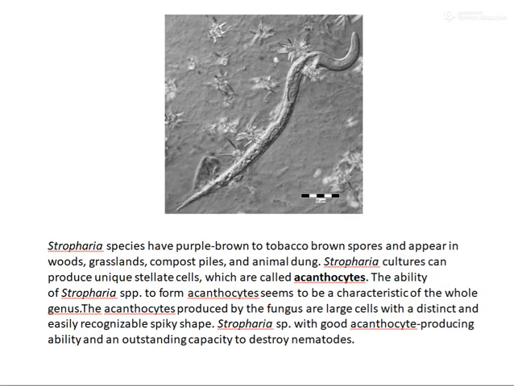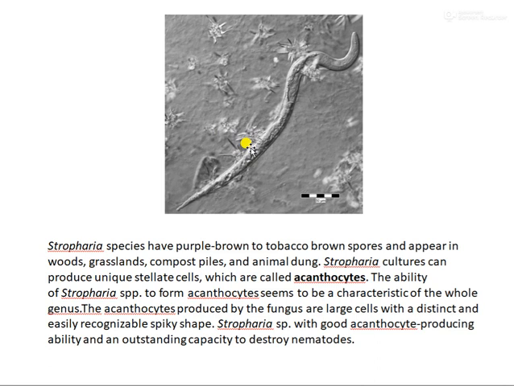If you look closely into Stropharia, you can see that it produces spores. This is a microscopic image, and they form purple brown to tobacco brown spores, and these spores contain certain stellate cells, which are called acanthocytes.